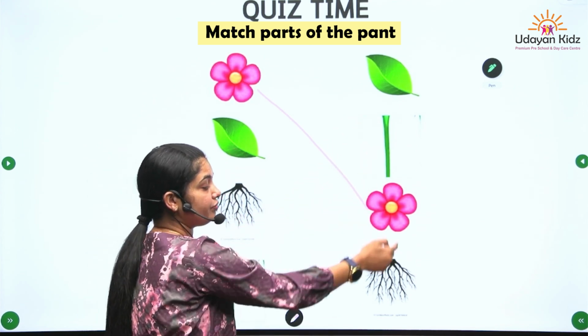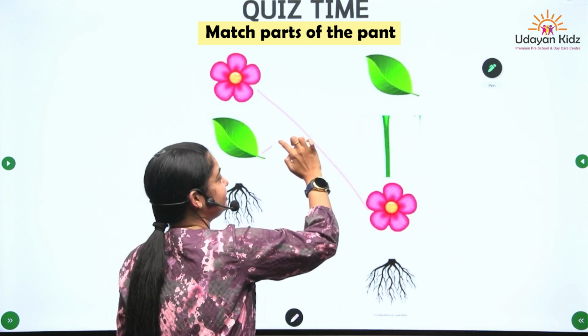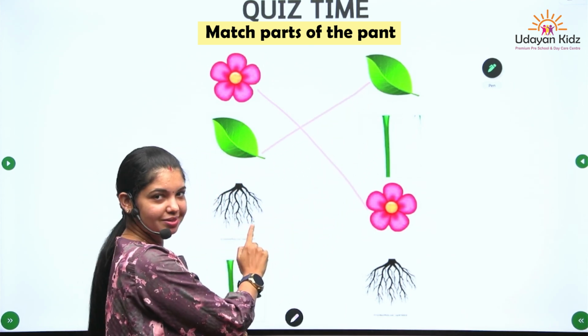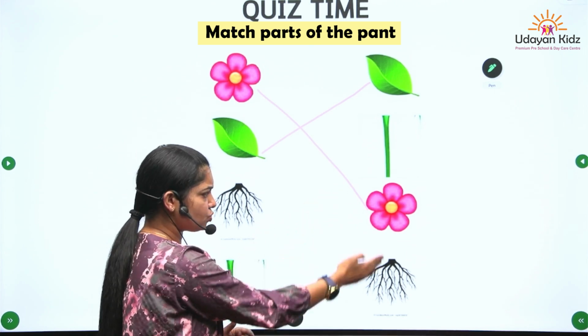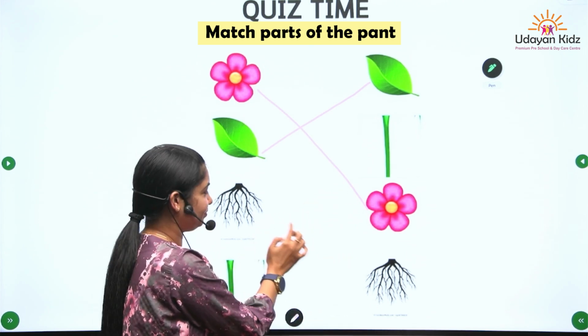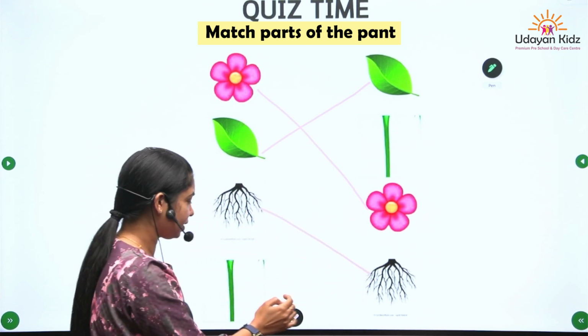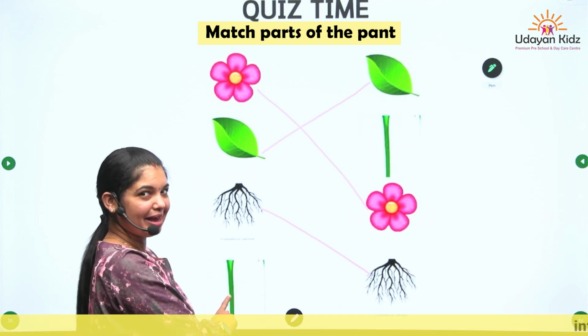Where is leaf? Good job, children. What is this? This is a root. Where is root? Very good. The root. And what is this? Stem.